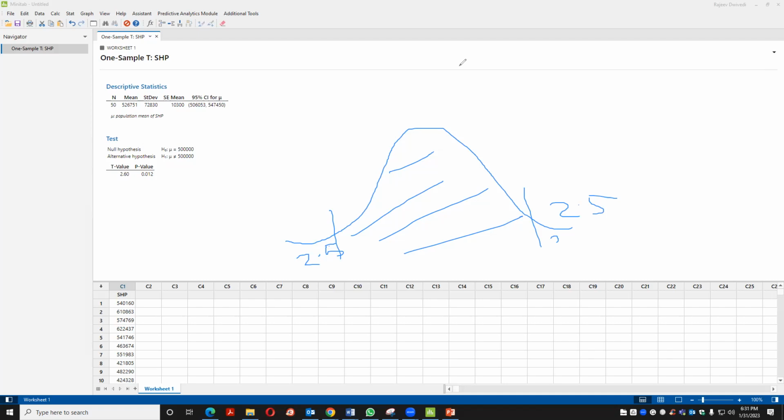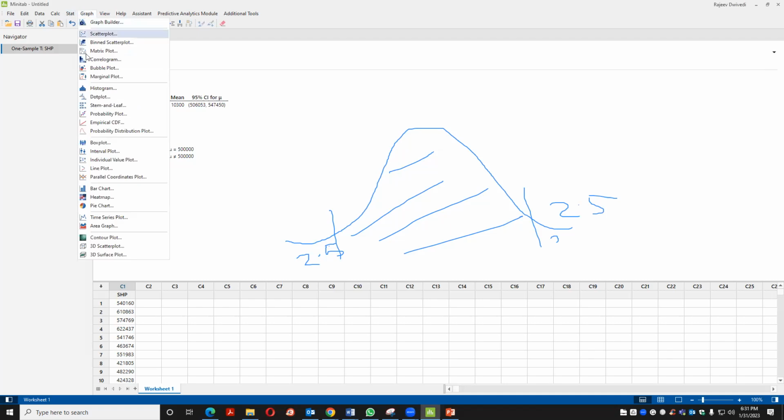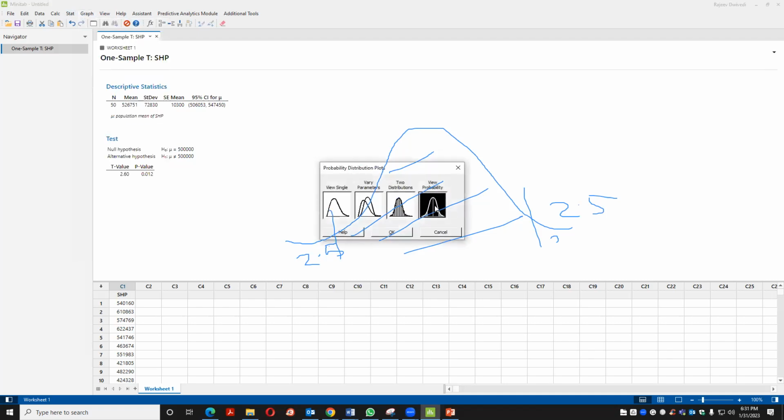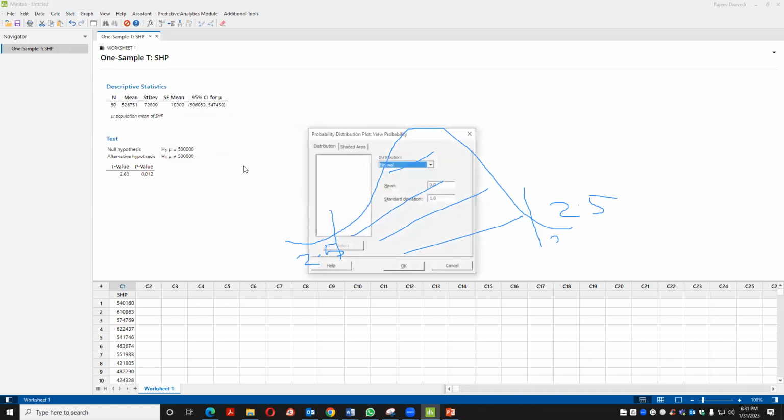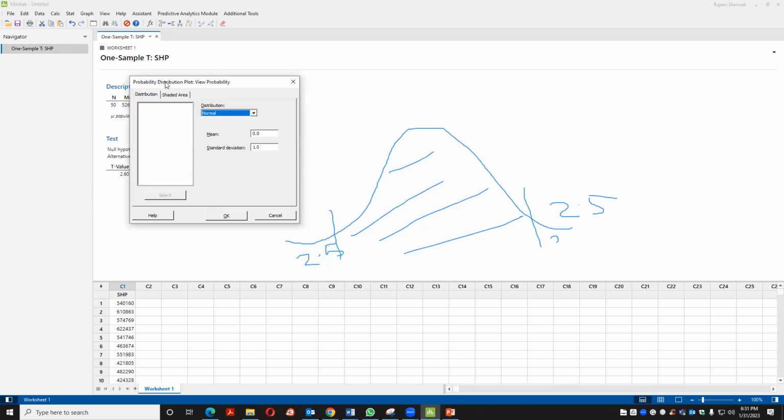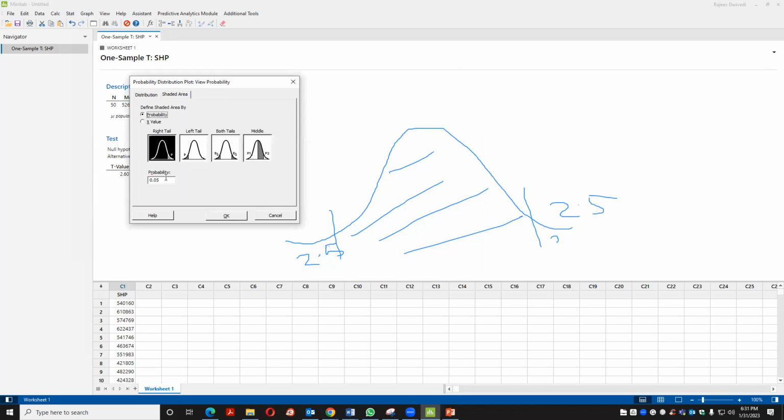Let me see what our t value is for that. So I go under Graph, Probability Distribution Plot. Since the sample size is large enough, more than 30, it will behave like a normal distribution. So I go under t, degrees of freedom 49, shaded area. We need 5%, and this is fine.